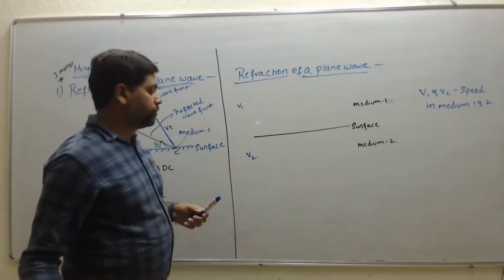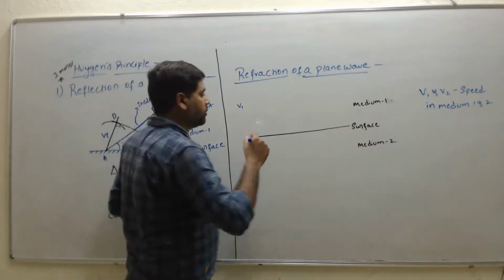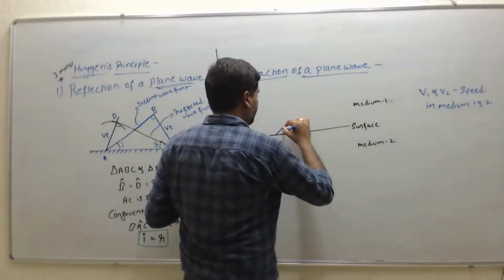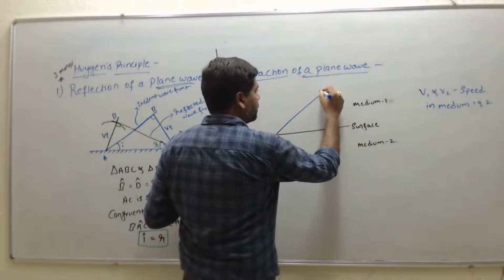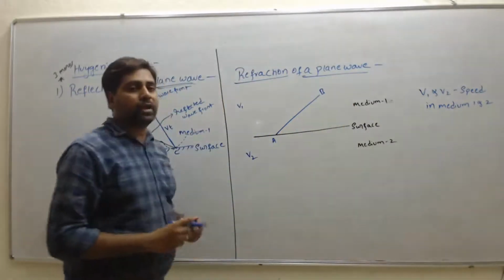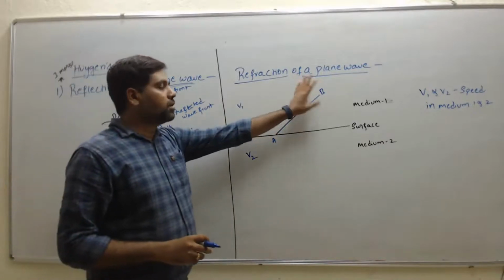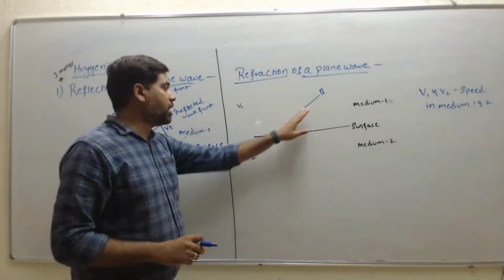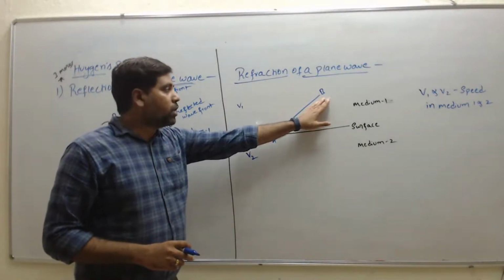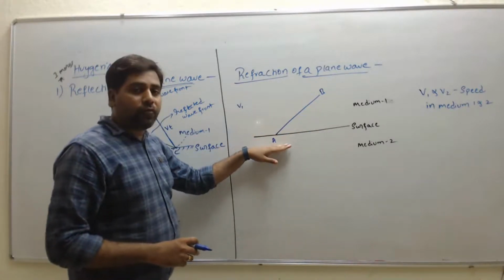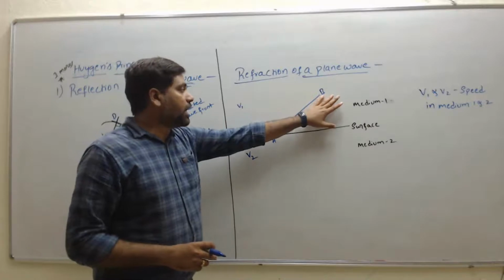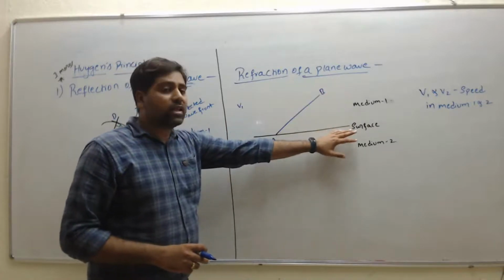Consider one plane wavefront, A and B. This plane wavefront has a number of points, but here we are considering only the extreme points. The point A strikes the surface first, and after some time the point B strikes the surface.